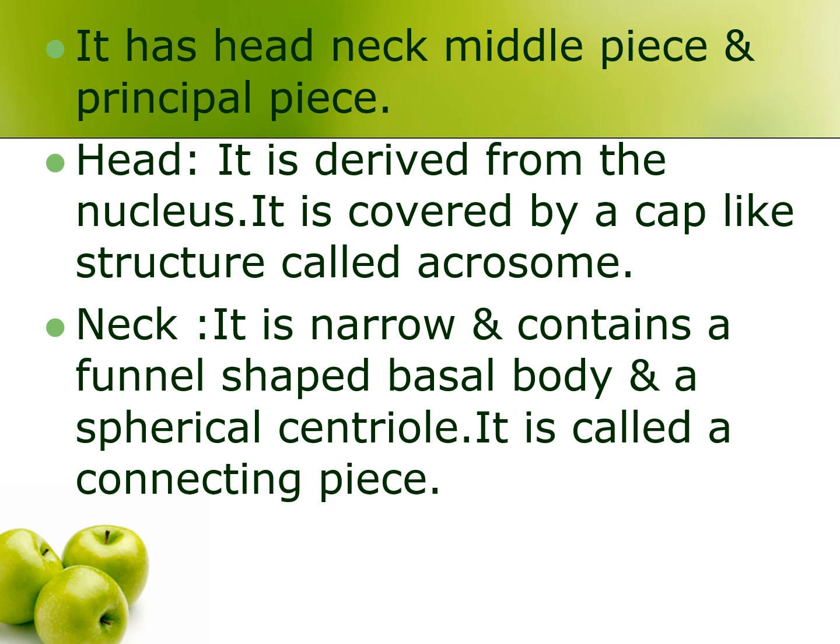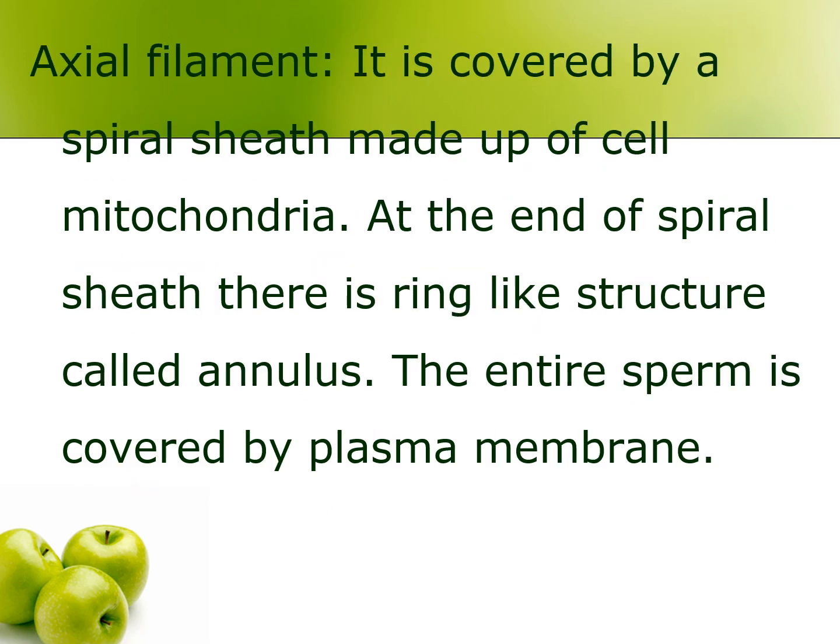The axial filament is covered by a spiral sheath made up of mitochondria, and it helps in the movement of the sperm. At the end of the spiral sheath, there is a ring-like structure called the annulus, and the entire sperm is covered by a plasma membrane.